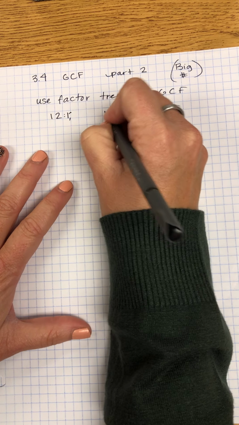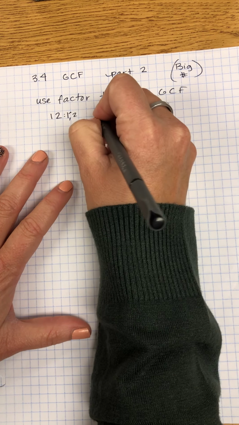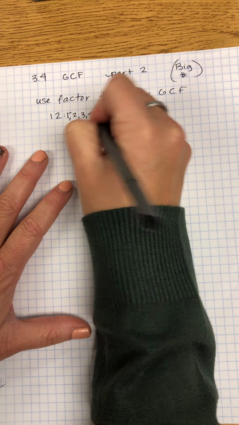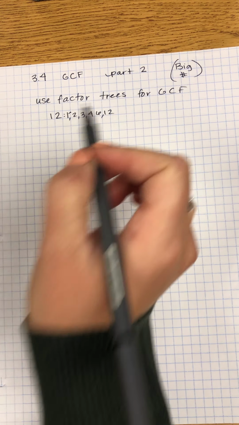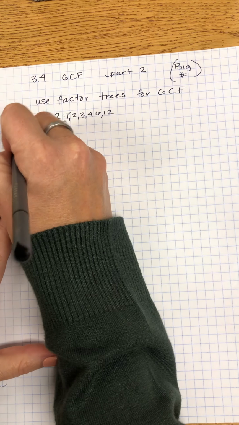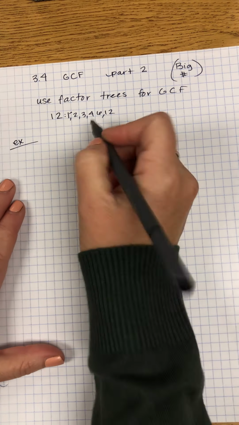So we have to know 1 and 12, 2 and 6, it's a good fact to remember, right? 3 and 4. You have to know all of them. So if you don't know all the factors of the number, it can be tricky.